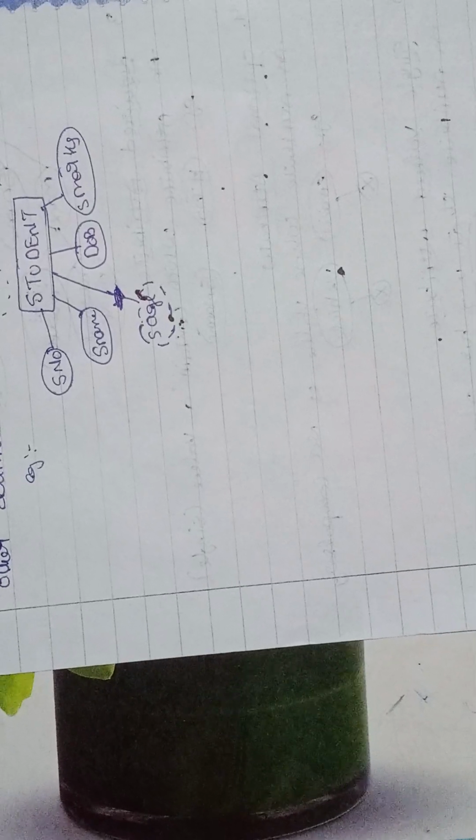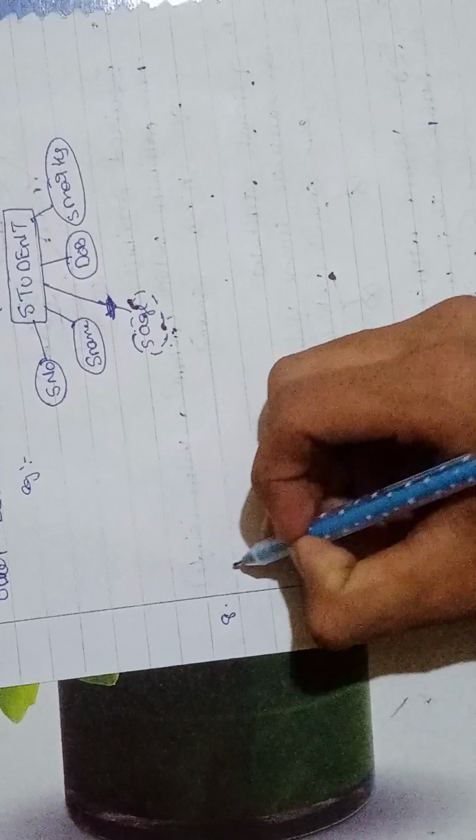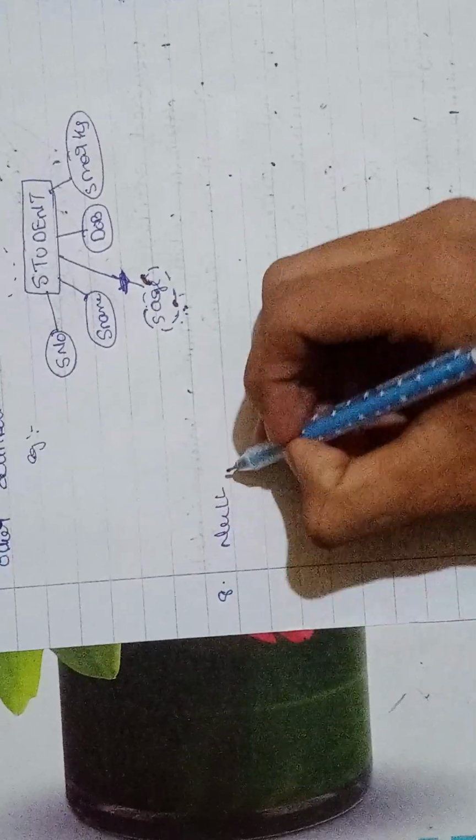Okay. Now we are going to another attribute, the null attribute. Eighth one we can see null attribute.